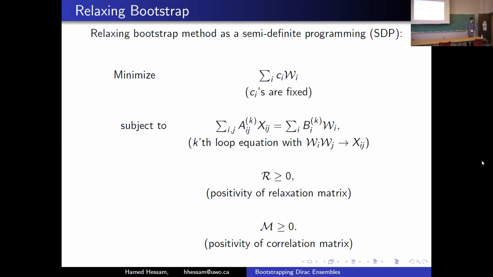For typical ensembles, positivity. Yeah, but I don't know. What ensembles do you want to know about? The ones that they haven't solved. Yeah, already solved.